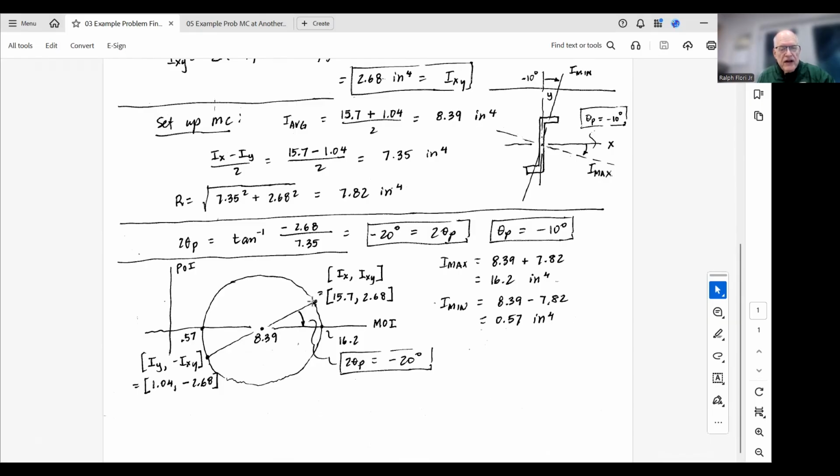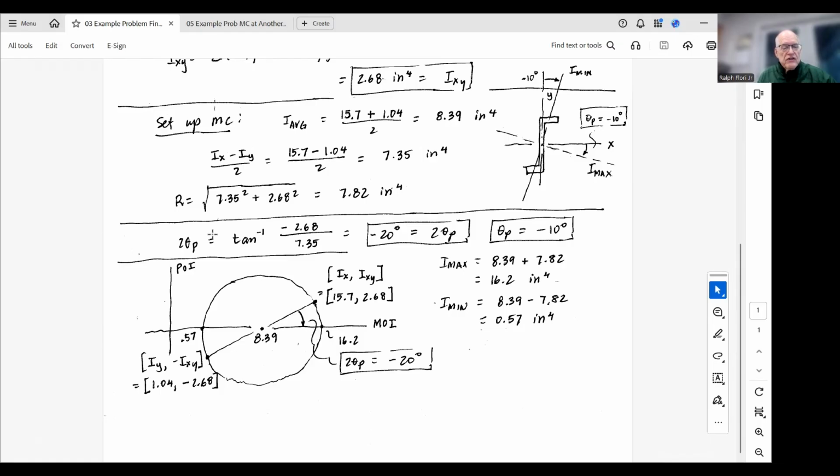This point right here is our 15.7, 2.68 point, which corresponds to Ix and Ixy. Now we draw this line, and this far side over here is our Iy, negative Ixy. Our Iy was 1.04, and our negative Ixy is the negative of the 2.68, and so that plots here.